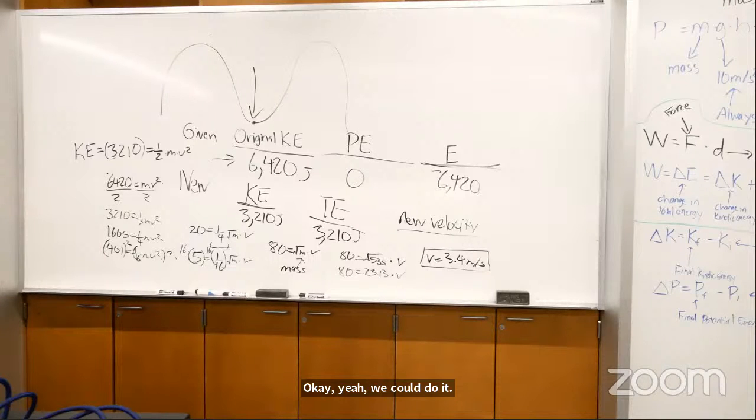So my old kinetic energy was 6,420, right? 6,420 minus 3,210.